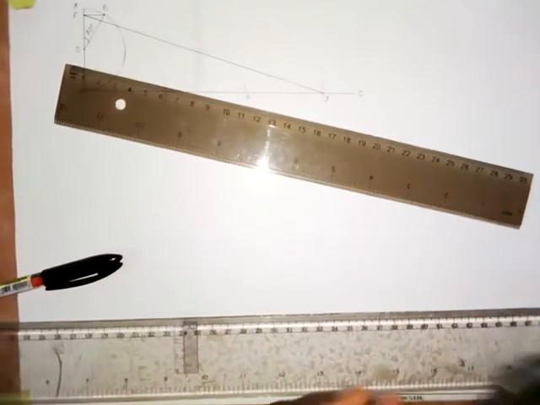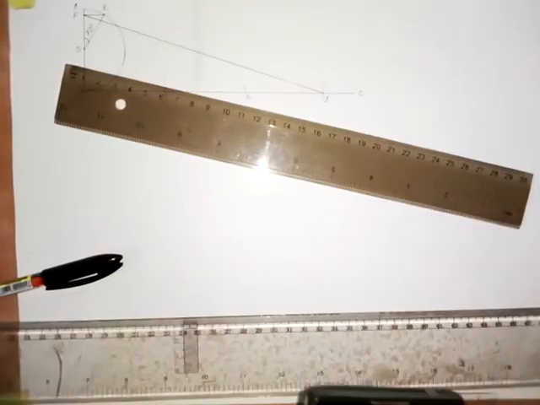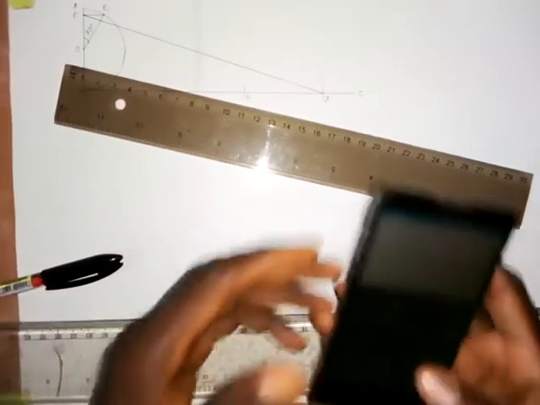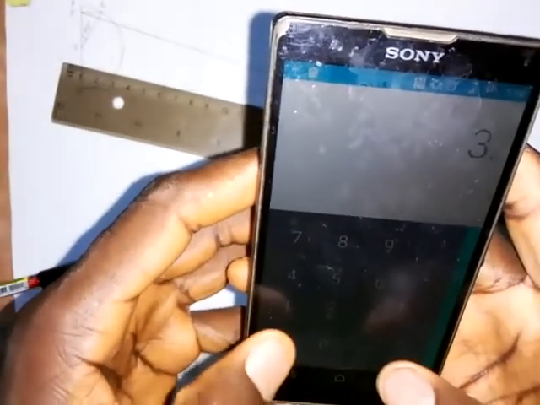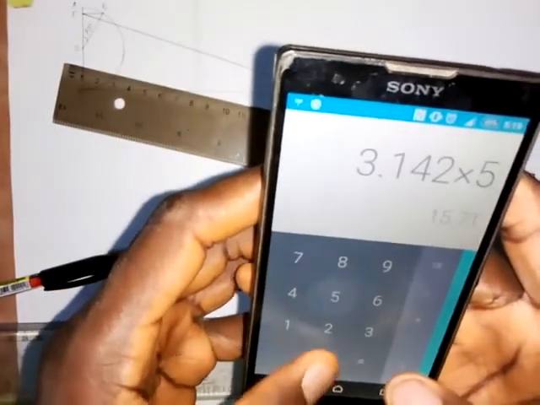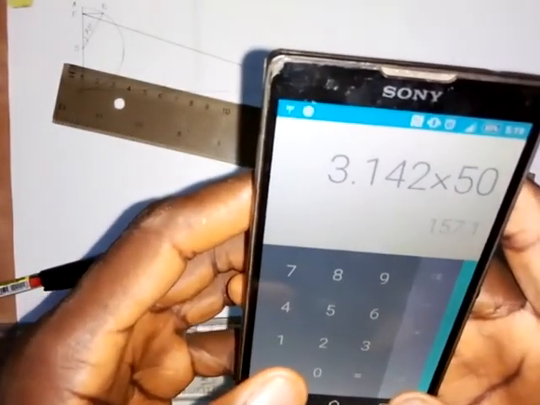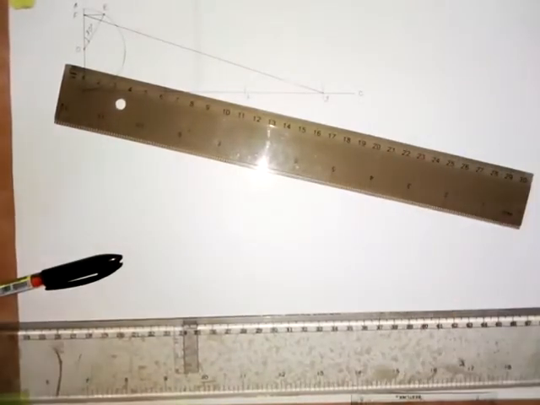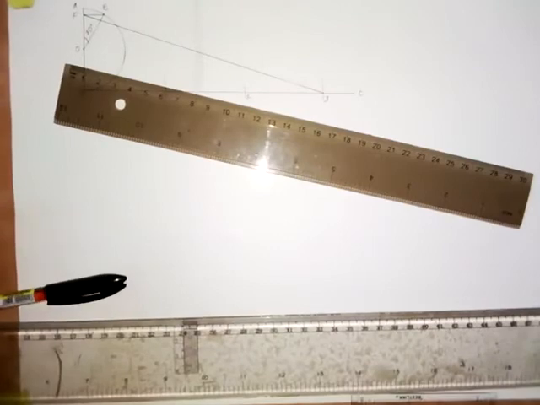Pi is 3.142 and diameter is 50 mm. 3.142 times 50 gives us 157. That difference of 1 doesn't matter as long as it's not greater than 1, and we are still correct.